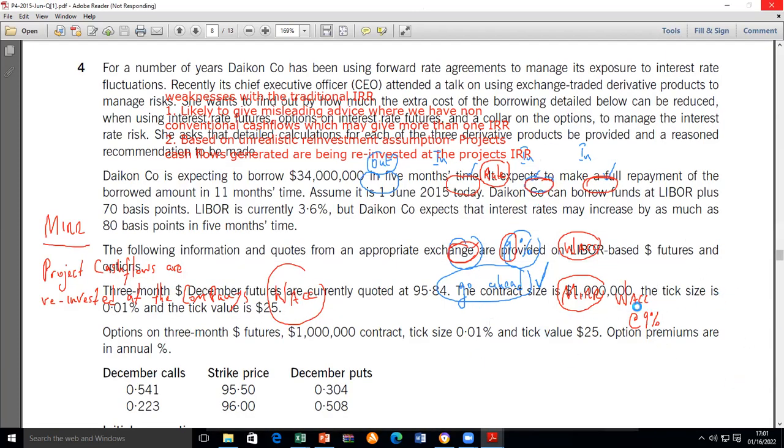Project cash flows are reinvested at the WACC. That's the assumption that we make.